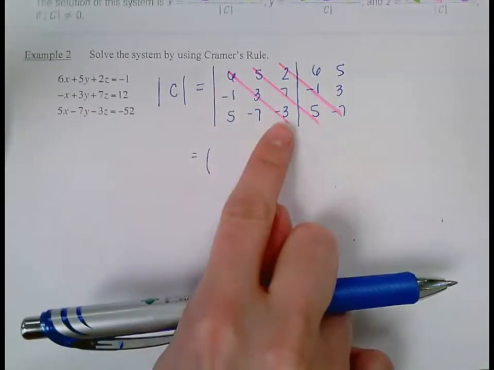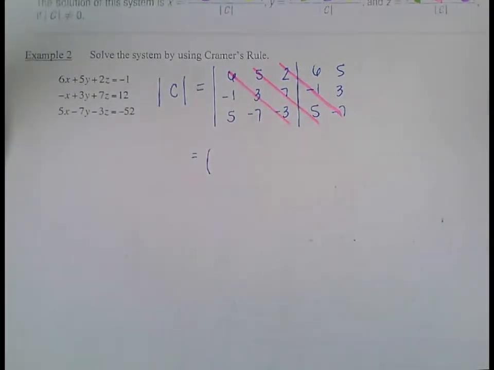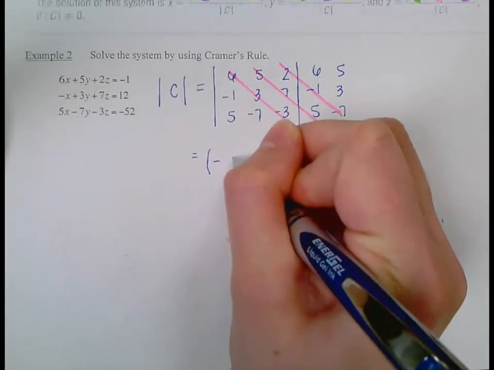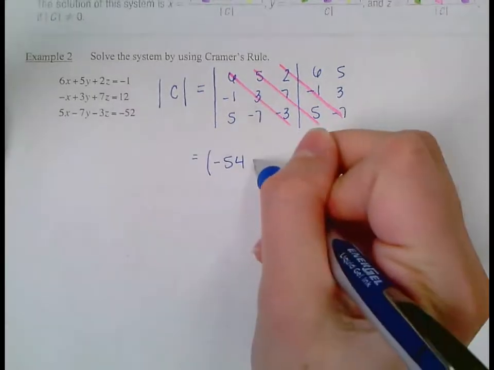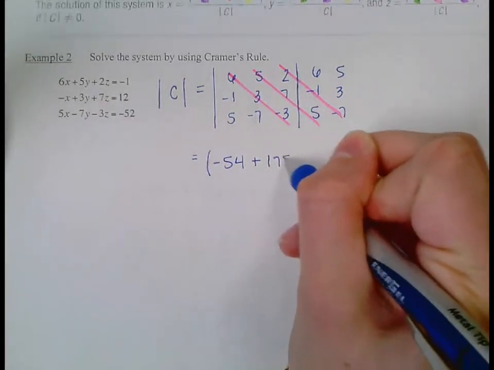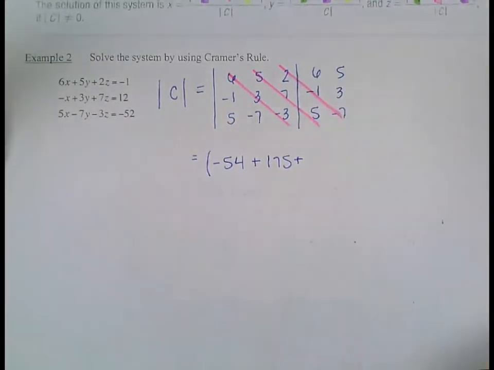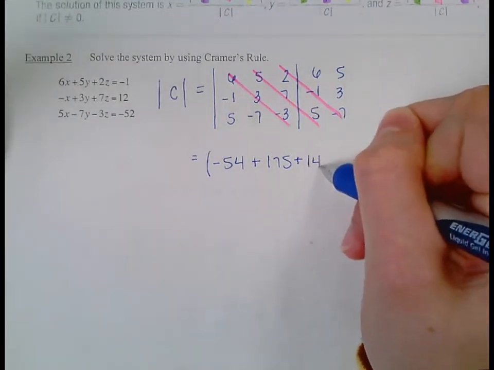So the first diagonal product, 6 times 3 times negative 3, negative 54. Plus the second diagonal product, 5 times 7 times 5, 175, plus the third diagonal product, 2 times negative 1 times negative 7 is 14.